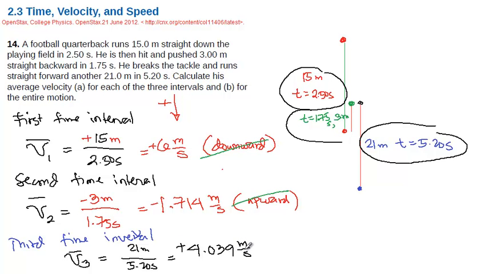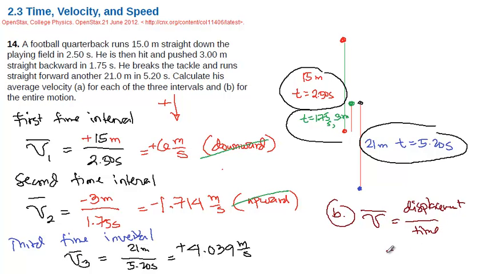For part B, we're being asked, what is the average velocity for the entire motion? Meaning we consider the whole motion. Note that when we talk about the entire motion, we talk about change in position, displacement, over the total time.